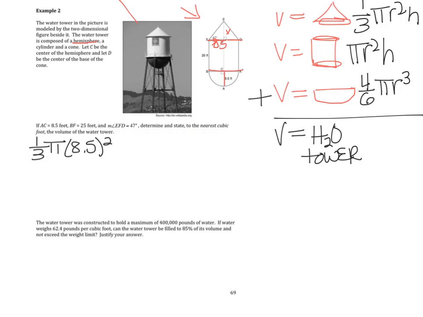From the angle 47 degrees, we have the opposite over the adjacent. So tangent of 47 is equal to x over 8.5. We cross multiply, and we get x approximately equal to 9.11.